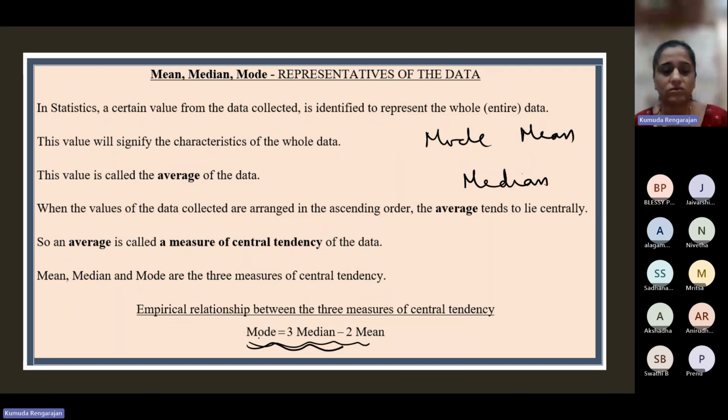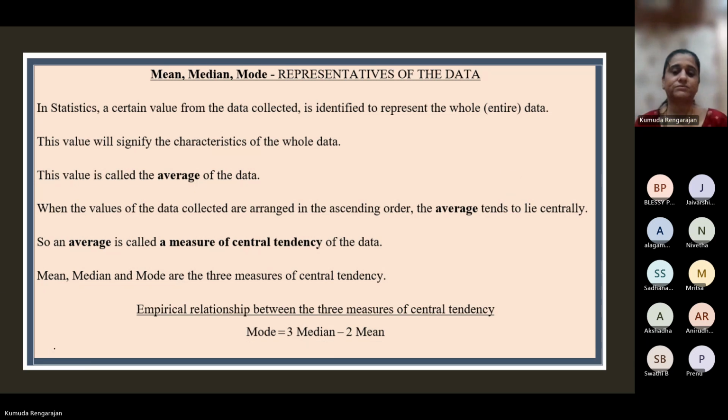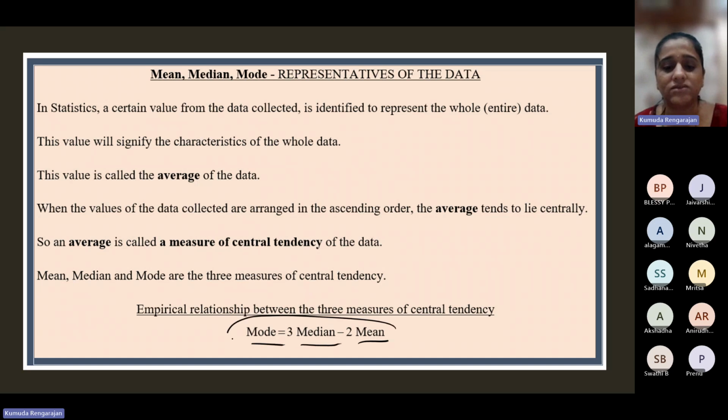So you'll have to use this relationship, substitute the values given, and find the value of the unknown. Given any 2 of the 3 values, you can find the third one using this relationship.